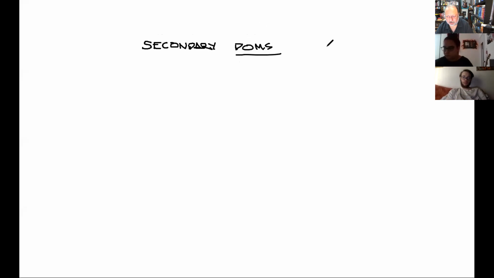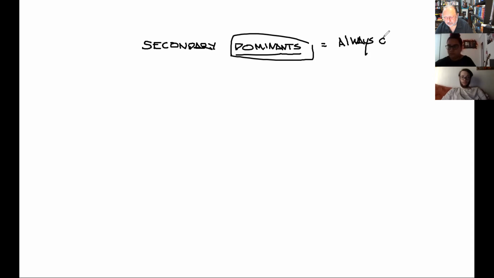Okay, a dominant chord is always a seventh chord. And a dominant 7 is always root, major third, fifth, flat 7.